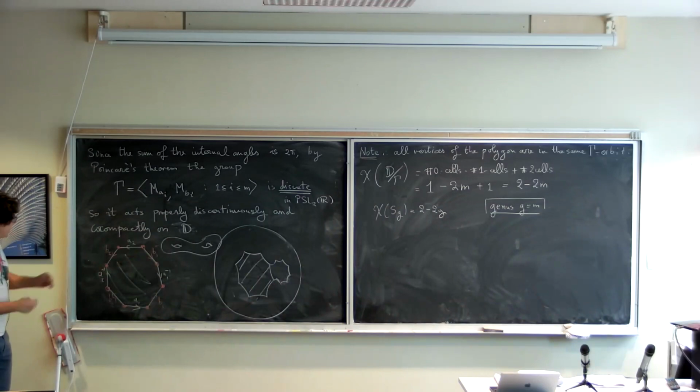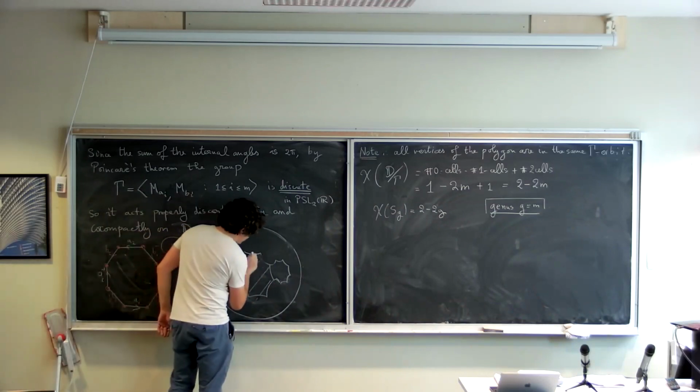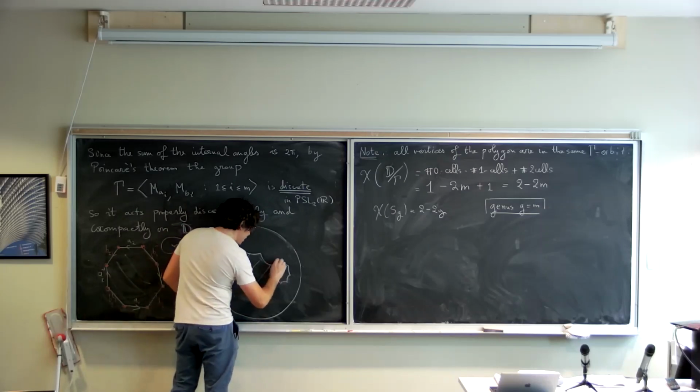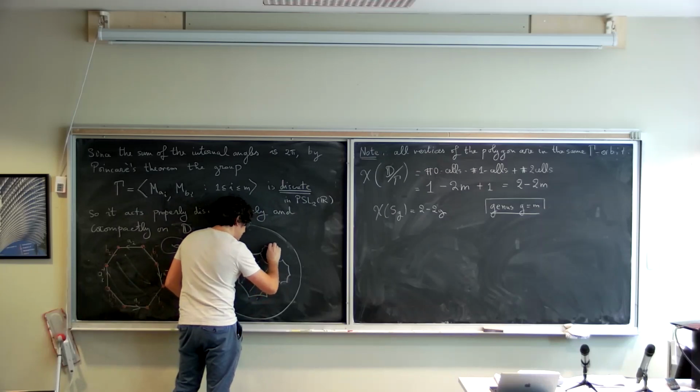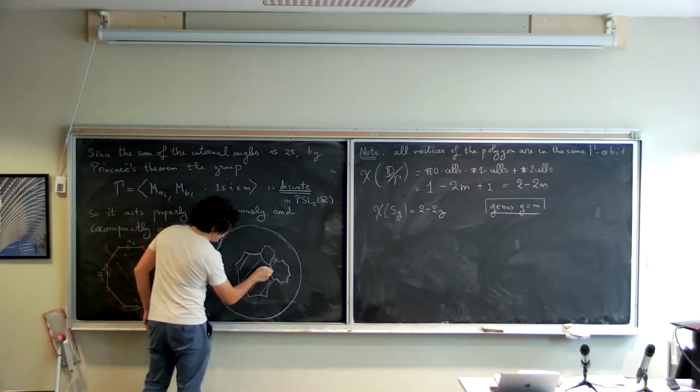That's just from a purely combinatorial point of view, but from the point of view of hyperbolic geometry, again, you have tessellations. It's hard to draw, and there's 8 of them here.